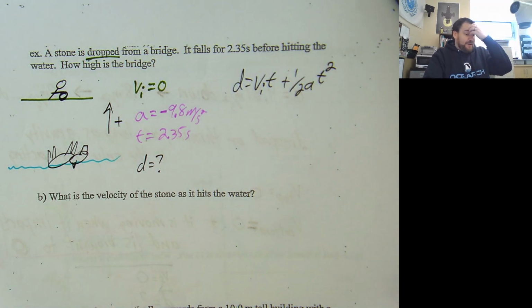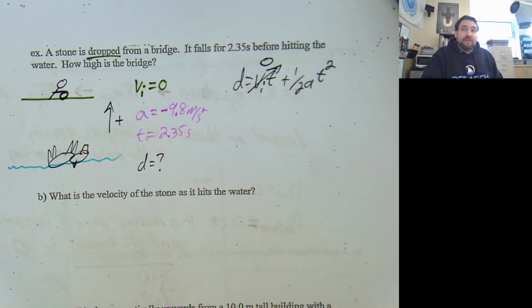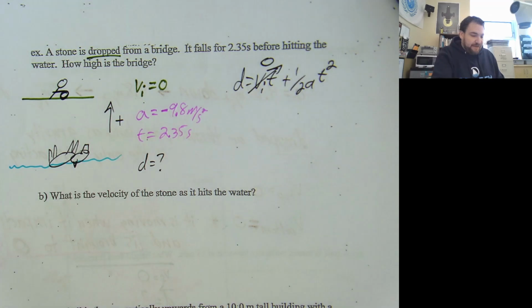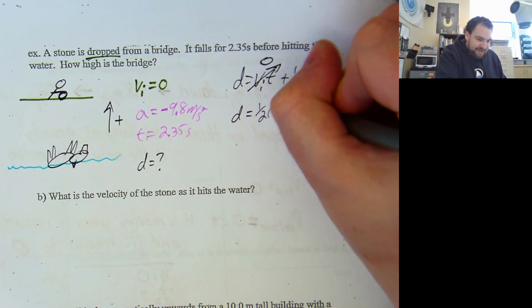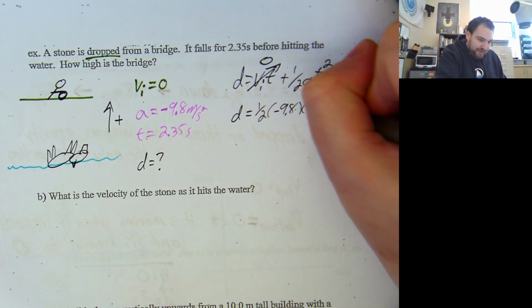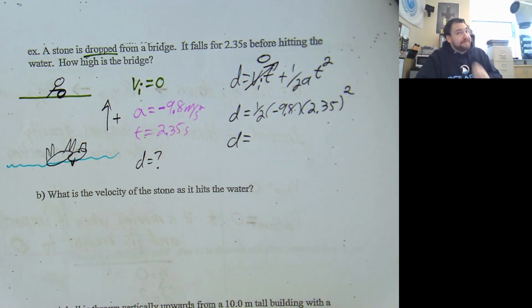And this is a really nice equation to use. VI is 0, which means this is immediately gone. So now we can go ahead and fill in the rest of this. D is going to be equal to 1/2 times negative 9.8 times 2.35 squared. If you plug that into your calculator, what do you get?